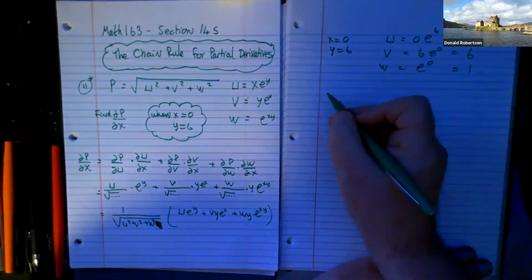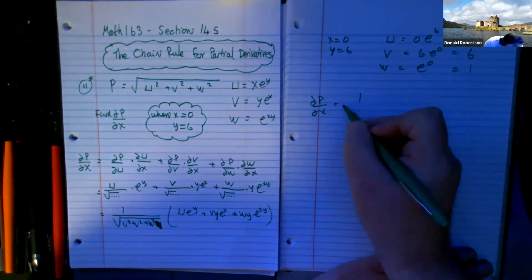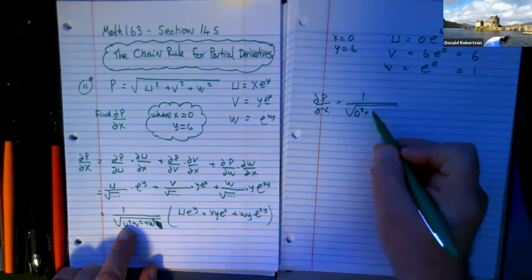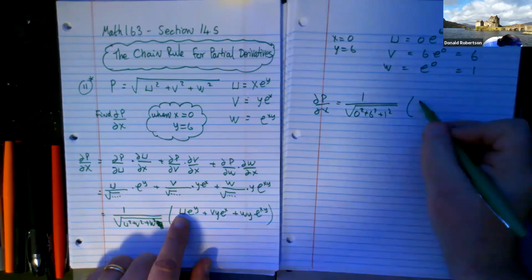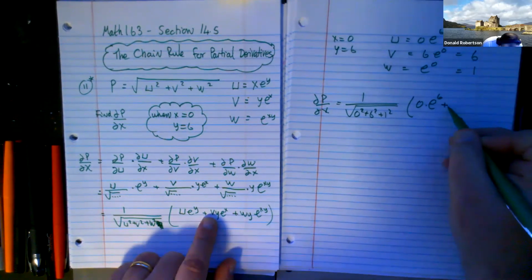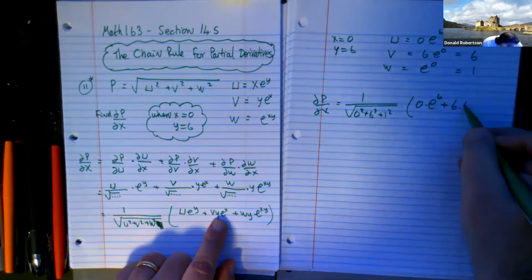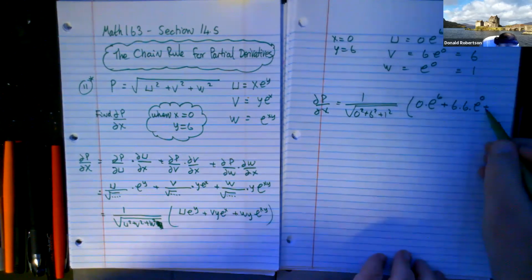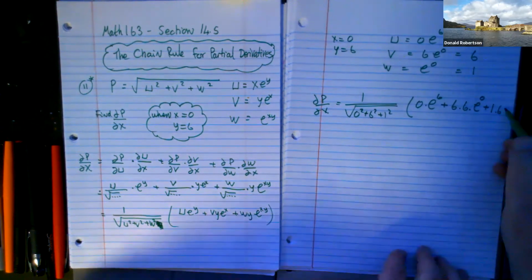And so let's figure out what this guy is equal to. He's 1 over the square root of nothing squared plus 6 squared plus 1 squared. U, which is 0 times e to the y, which is 6, plus v, which is 6, y, which is also 6, e to the 0, plus w, which is 1, y, which is 6, e to the 0 again.